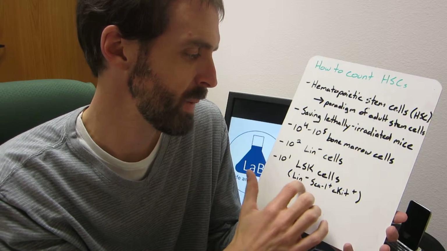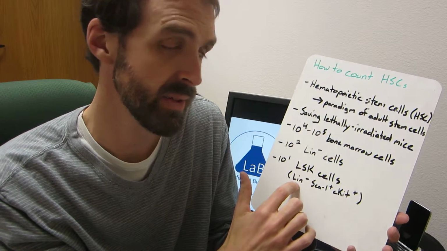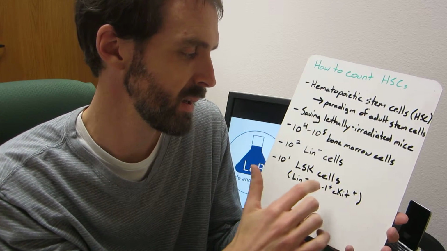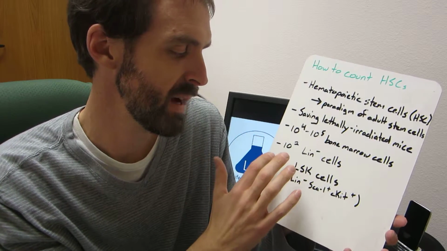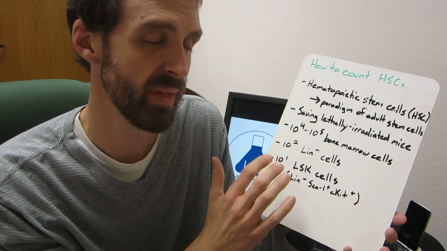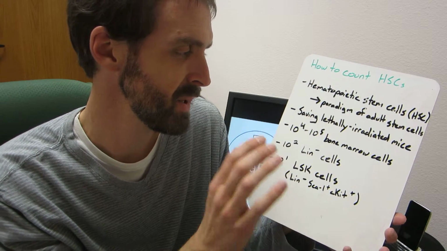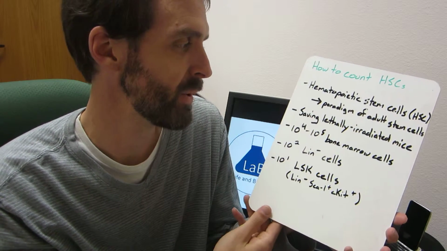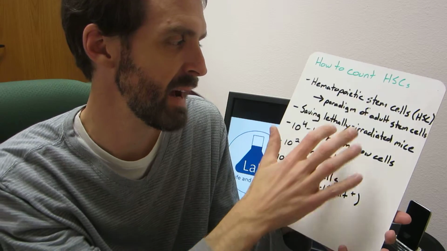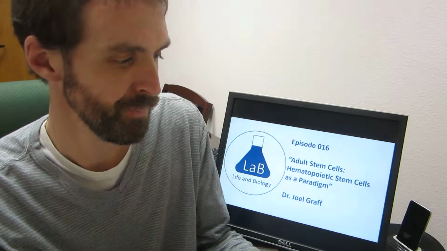By having this combination, none of the lineage markers, SCA1 and c-KIT, about 10 cells with that phenotype can rescue a mouse from dying after being lethally irradiated.